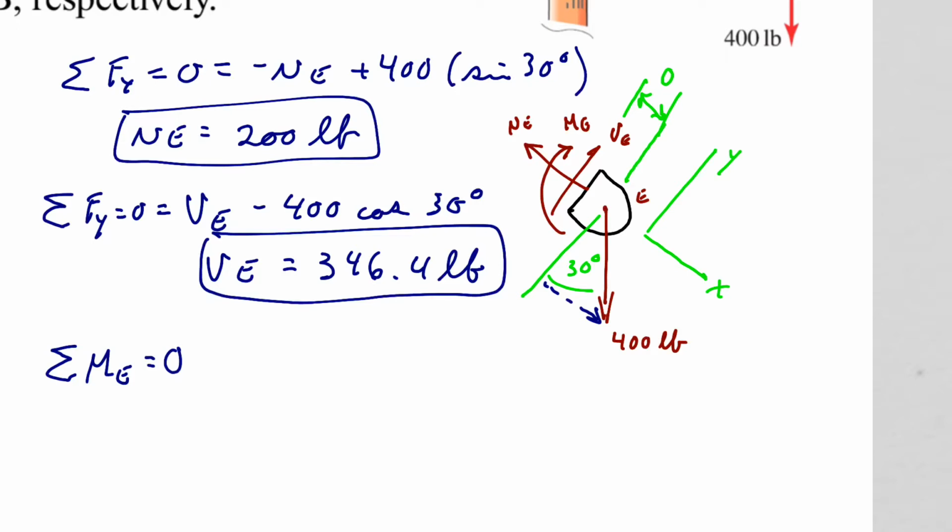So if I do that, then my moment is equal to a minus M sub E, the internal moment, and that is all I have. So M sub E equals 0. That's what it means when it's immediately to the left of point A.